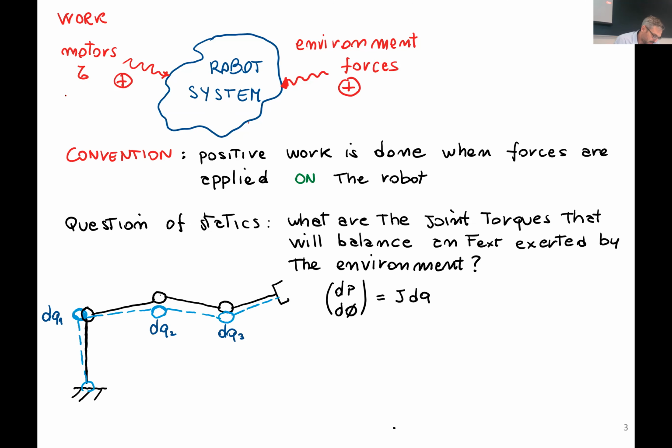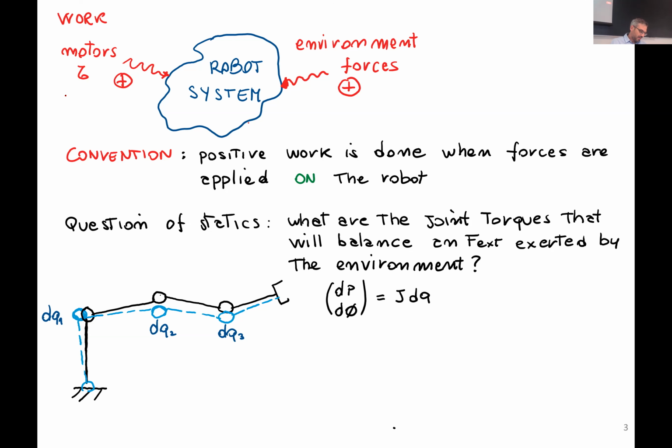To find this relation, let's try to think that the robot is not moving, but we want to define some infinitesimal motions to understand how the force is exchanged. And this infinitesimal motion will be consistent with the joint constraints. So it cannot be any motion. It will be the same motion that a joint allows.